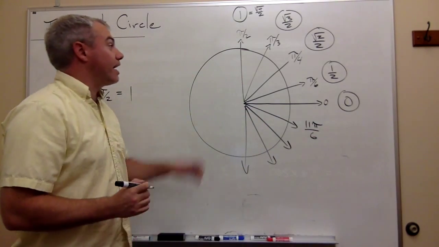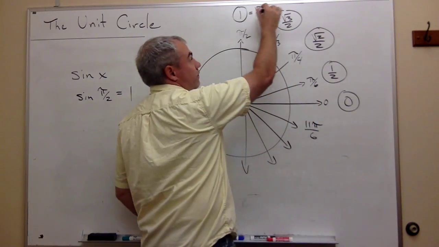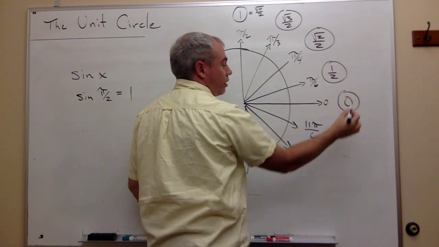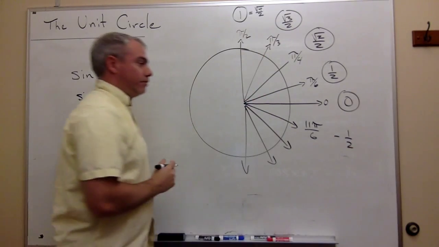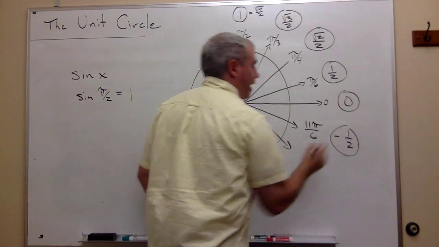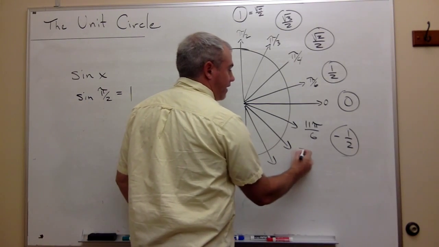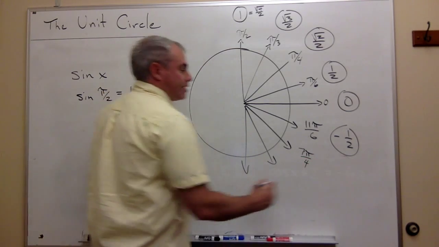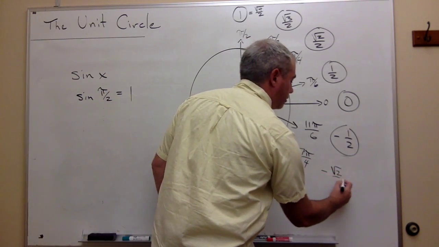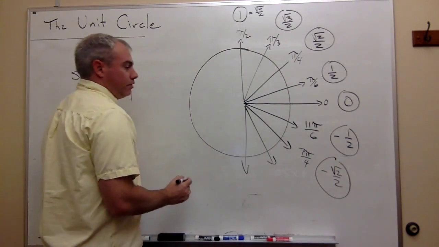And we can see right now that sine of 11 pi over 6 must be, well, this is 4, 3, 2, 1, 0, negative 1. So negative 1 over 2, or negative 1/2. This is what? 7 pi over 4. And so this is negative root 2 over 2 for the sine value.